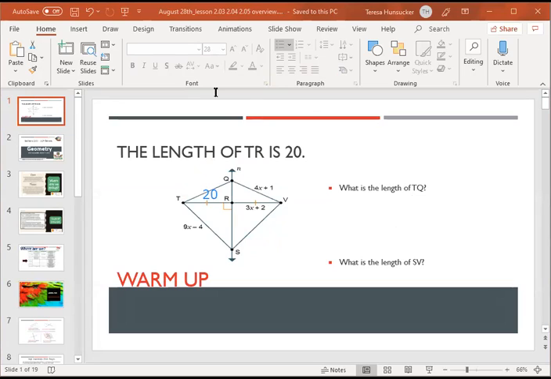So how much time do you want me to put on the timer? 3 minutes? Okay, I'm going to put 3 minutes on the timer. Is there a timer?